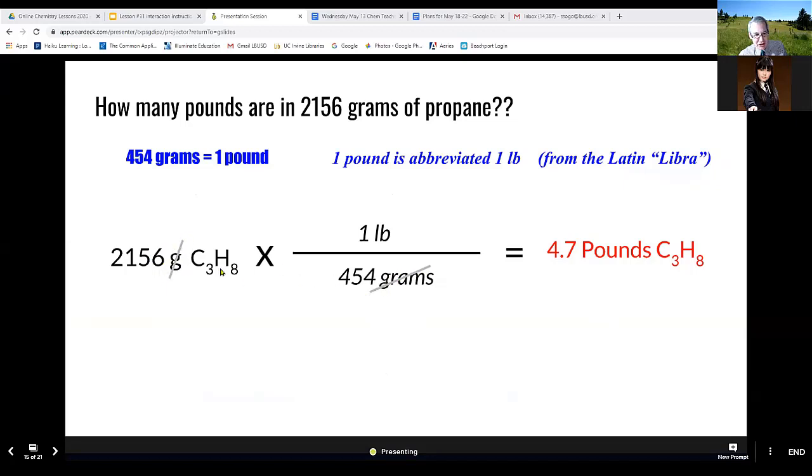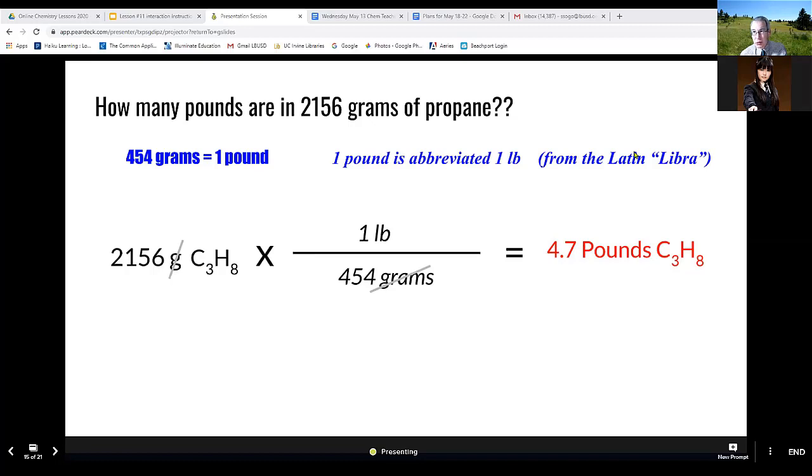Grams cancels grams. On the calculator, I multiply by what's on the top, divide by what's on the bottom, and I'm hoping it makes sense to you that this is roughly 5 pounds. If a pound is 450 grams, then this is about 5 times that. So it's about 5 pounds, more accurately 4.7.